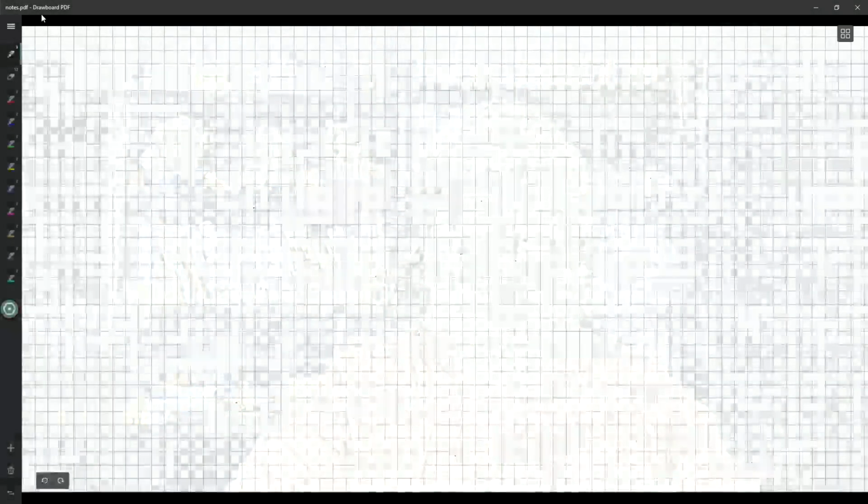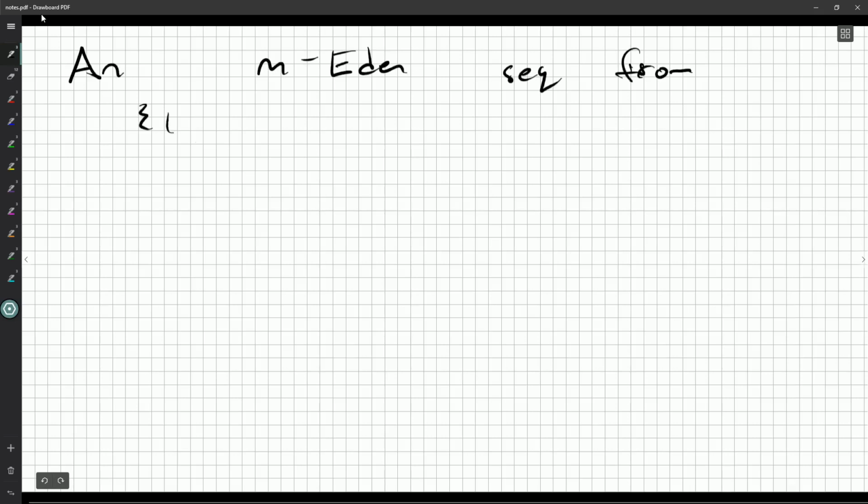So here's what we're going to do. What's a fancy term for an M Eden sequence from 1, 2, 3, all the way up to N?